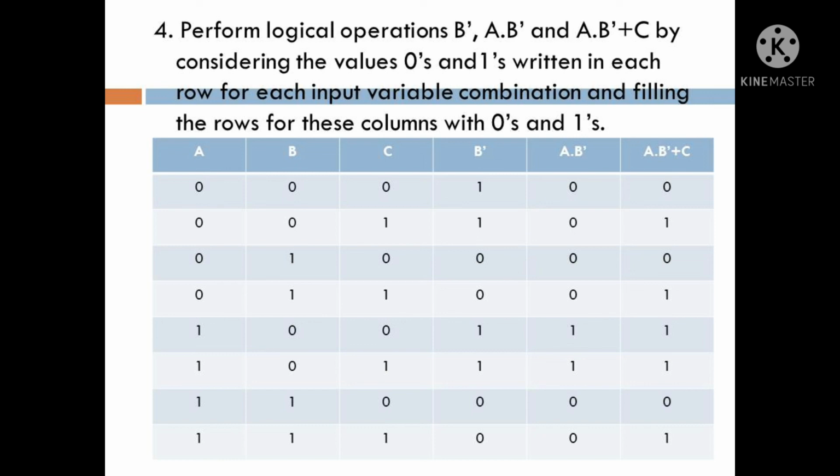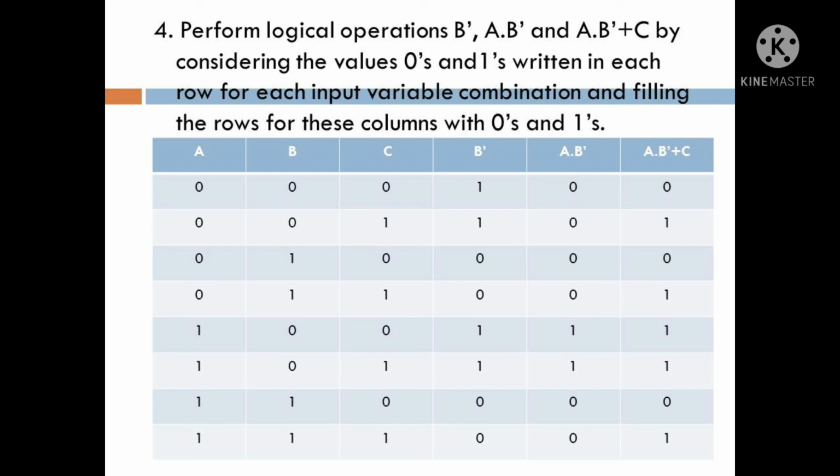Then we consider c and a dot b complement. 0 0, it will be 0. 1 0 1, 0 0 0, 1 0 1, 0 1 1, 1 1 1, 0 0 0, 1 1 1. The last column is the result of our expression, that means a dot b complement plus c. The result will be 0 1 0 1 1 1 0 1.